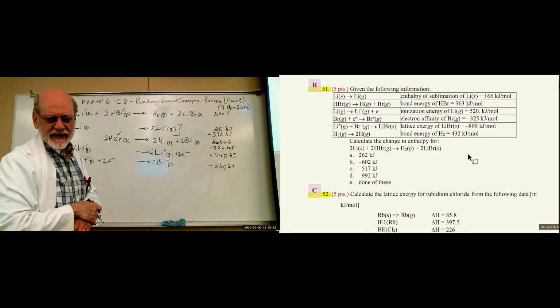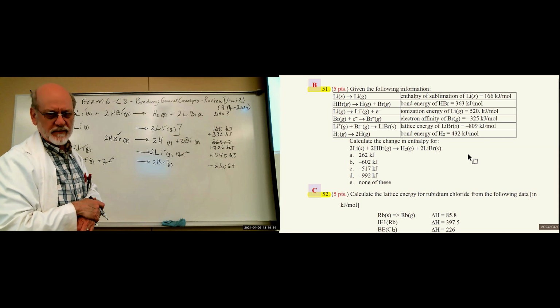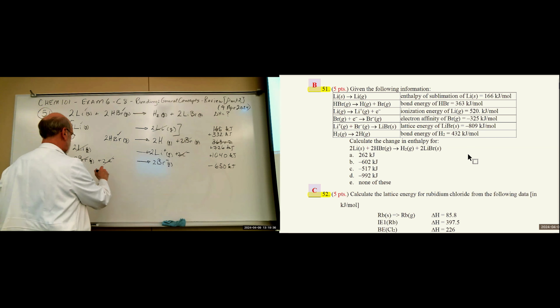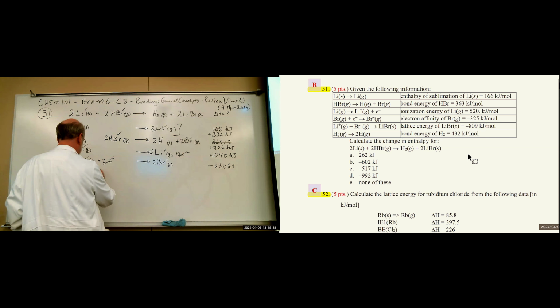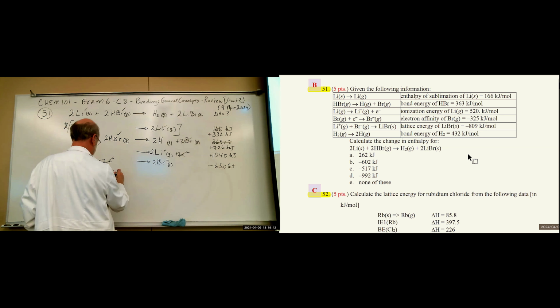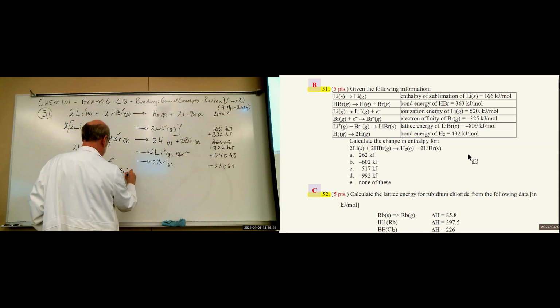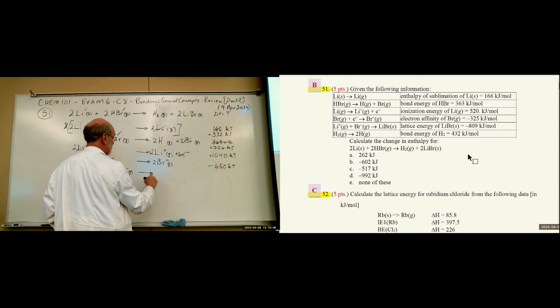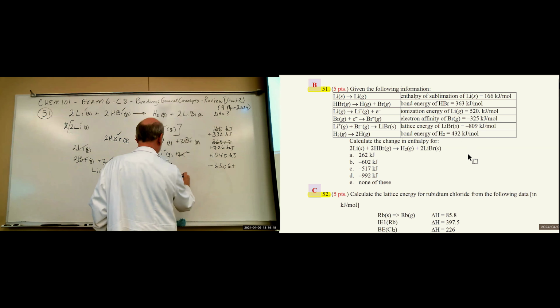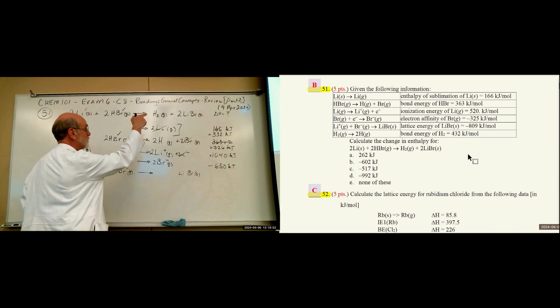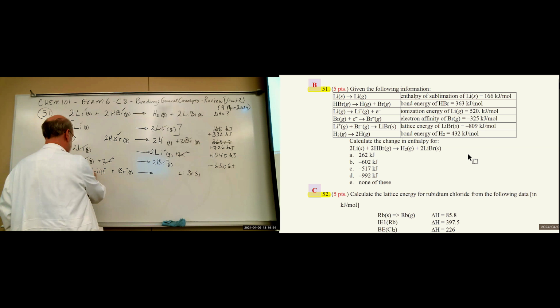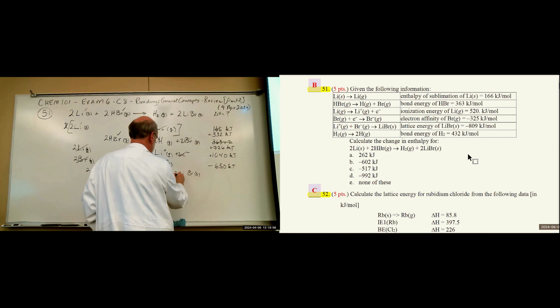Let's see. Lithium ion plus bromine ion makes lithium bromide. Lithium ion gas plus bromine ion gas yields lithium bromide solid. But we need two of them. So we got to do a 2 here, 2 here, 2 here.